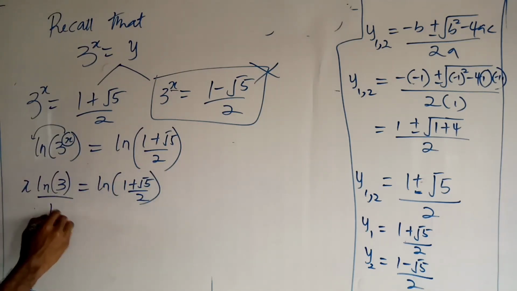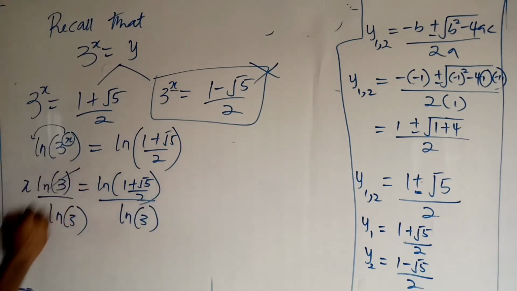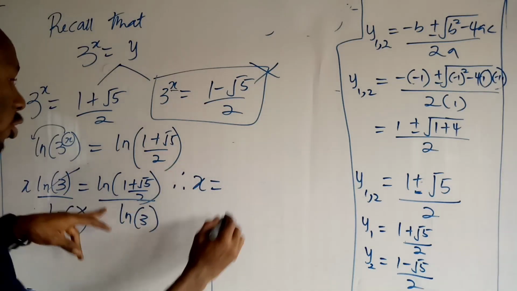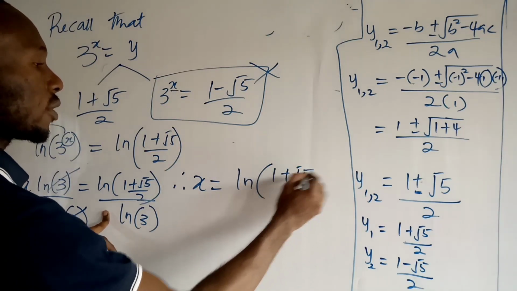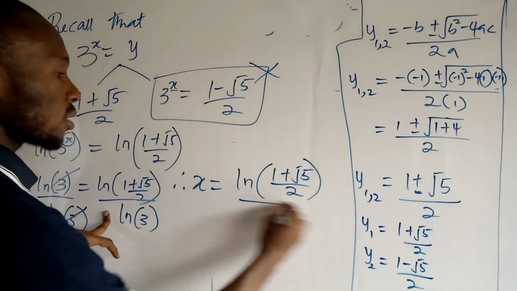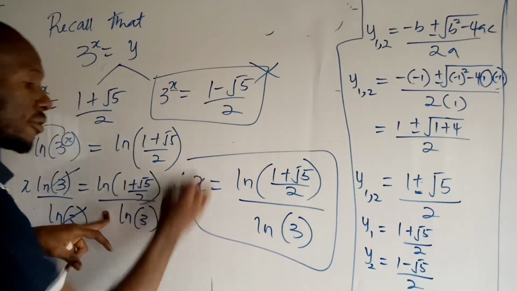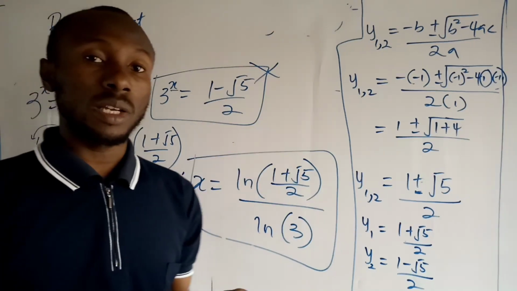And you divide both sides by ln 3. This is going to cancel out. So therefore, x is equal to the natural logarithm of 1 plus root 5 upon 2, all divided by the natural logarithm of 3. So viewers, this is the value of x that can satisfy the given exponential equation.